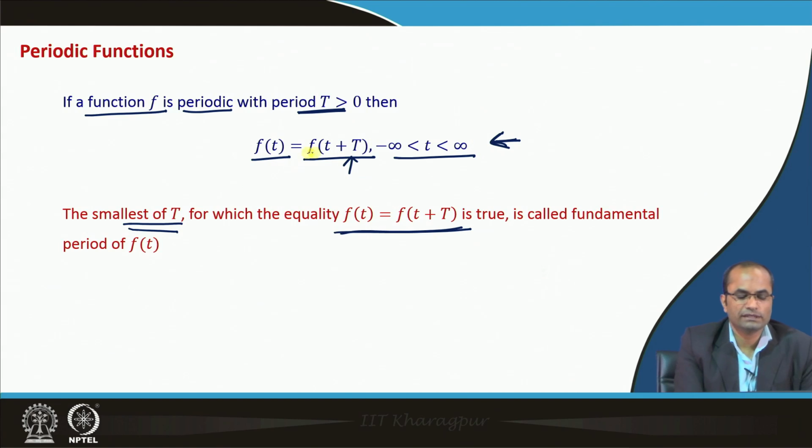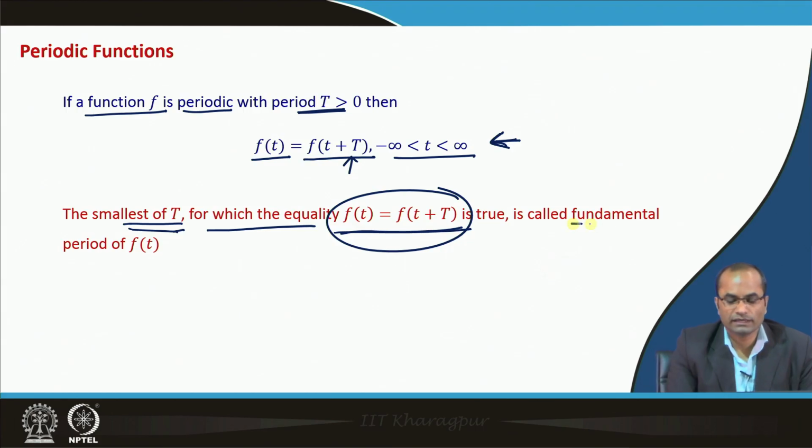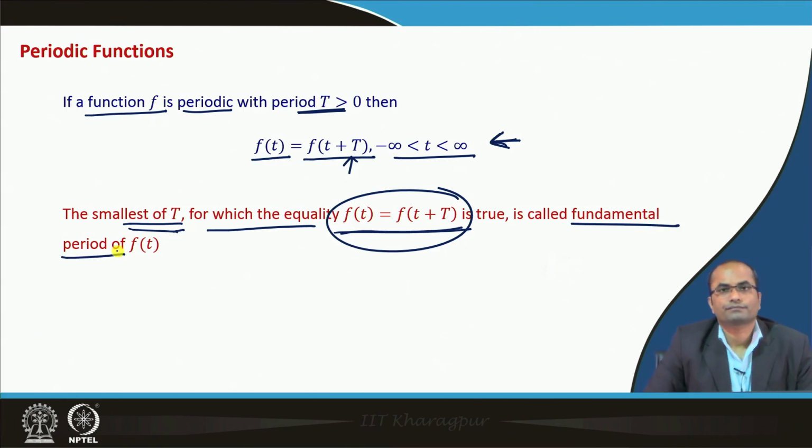So, if f(t) is equal to f(t plus T), then also f(t) is equal to f(t plus 2T), or f(t plus 3T), etc. The smallest value for which this equality is true is called the fundamental period of the function f(t).